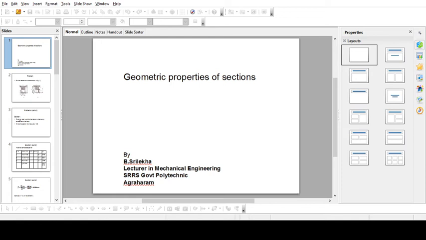Next, the summation of the moments of areas, that is a1 x1 plus a2 x2 plus a3 x3, that is equal to 6750 plus 4500 plus 12,847.359. So that will give you a value of 24,097.359.